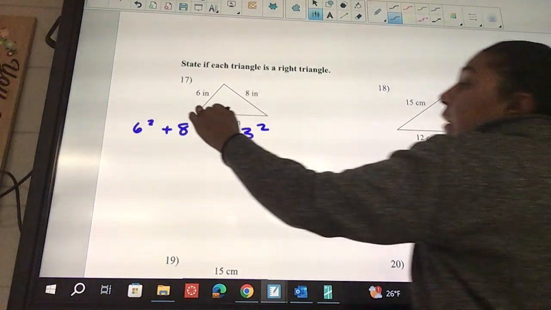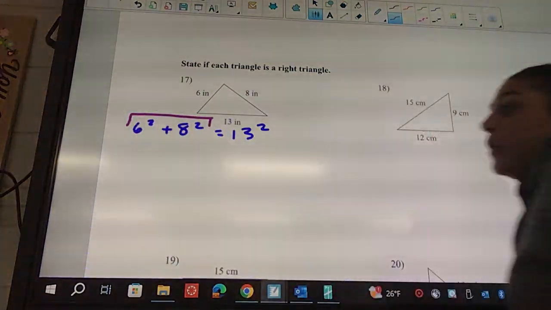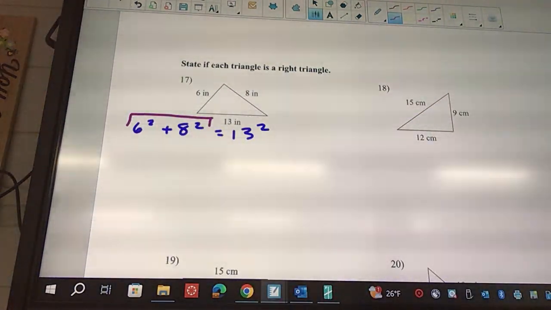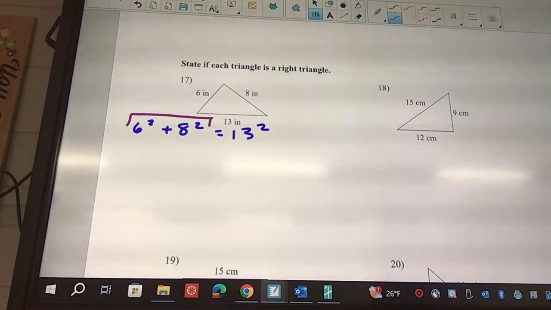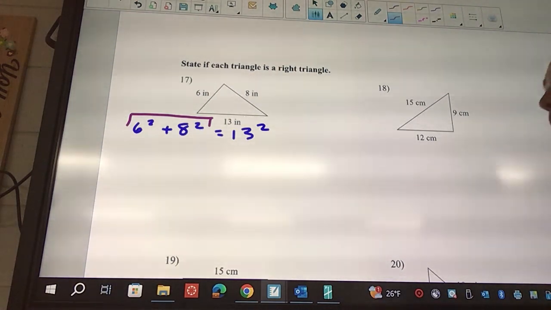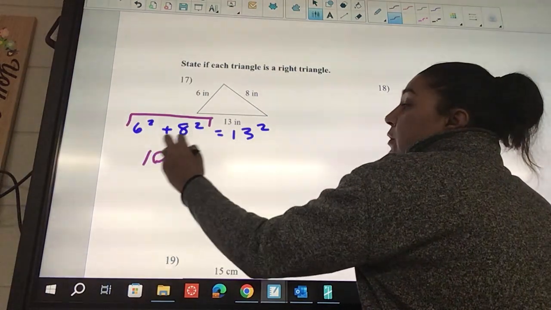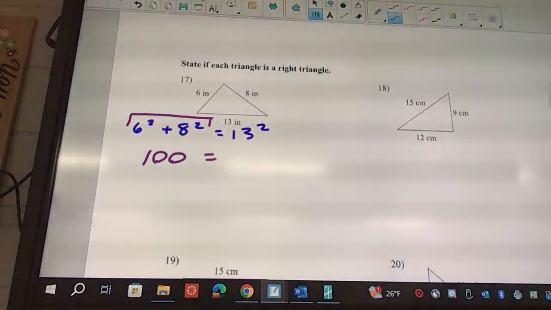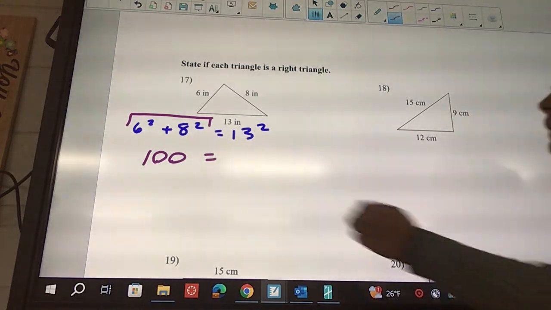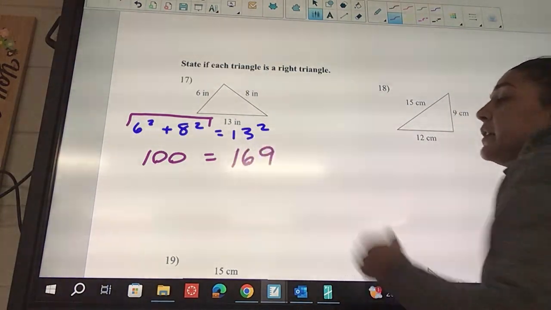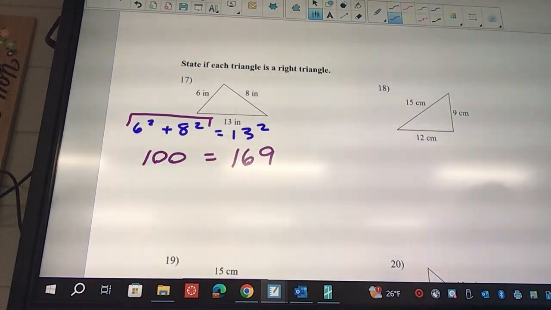Okay, this side you can type on the calculator. What is 6 squared plus 8 squared? 100. Okay, what is 13 squared? 169. So, does 100 equal 169? No.